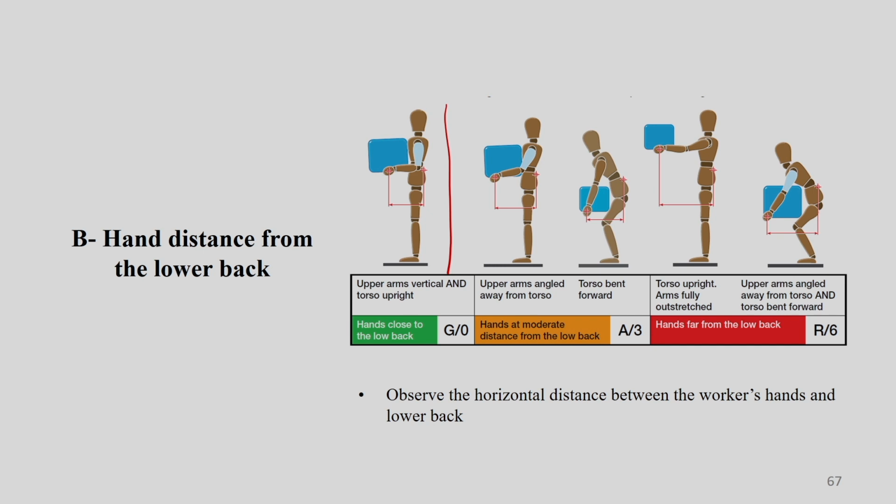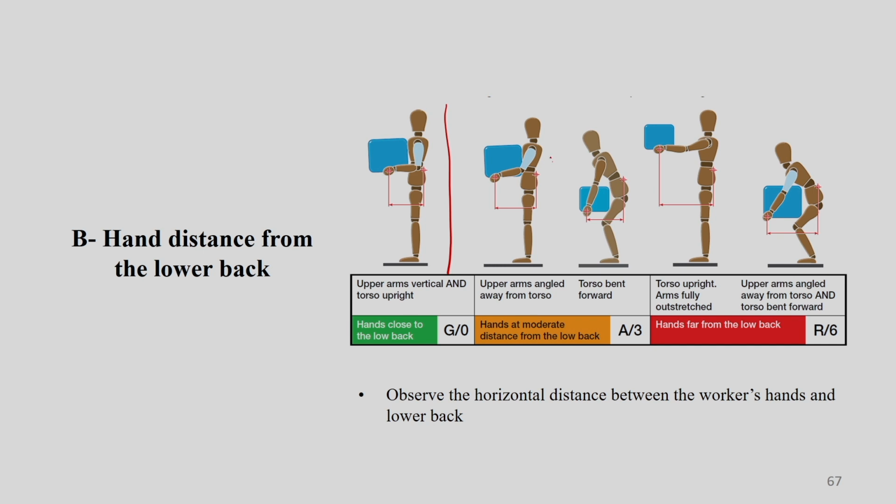Now coming to the next part, that is the amber zone. Amber zone may have 2 varieties. One is upper arm has some kind of angle away from torso, so you are moving forward, or torso is bent forward. Two cases: either your upper arm is moving forward and you are holding it, or you are bending from your torso towards forward direction.